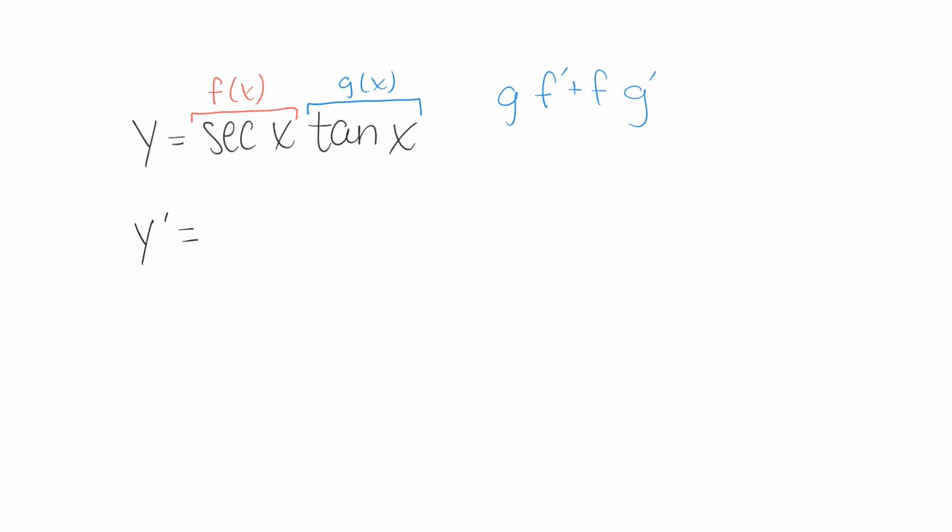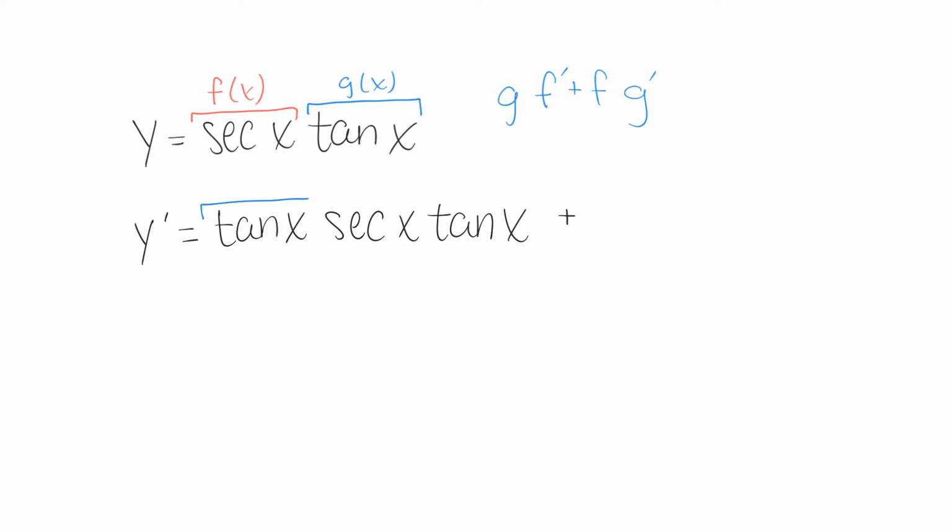So, g, tan x, times f prime. Well, the derivative of secant x is secant x tan x, okay? Plus, so let me be really careful here.